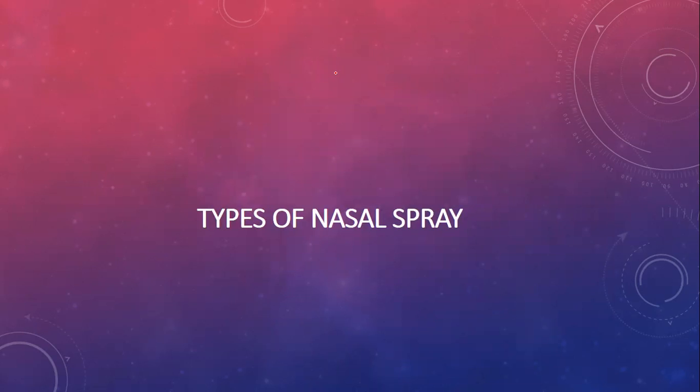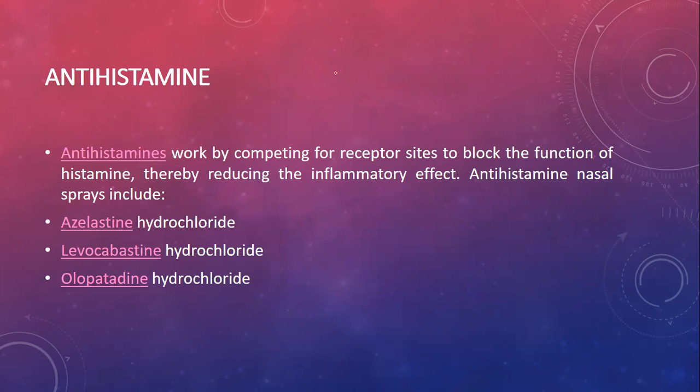There are lots of categories of nasal sprays available. Each category has a specific purpose. So first is antihistamine. Antihistamines work by competing for receptor sites to block the function of histamine, thereby reducing the inflammatory effect.